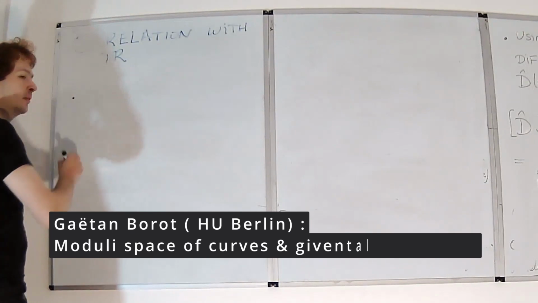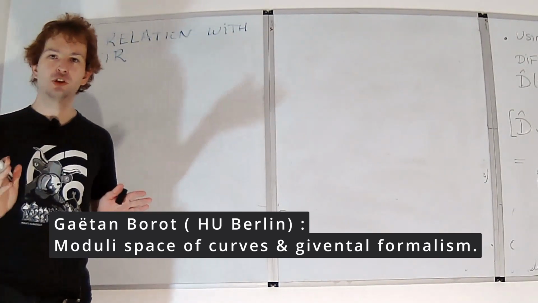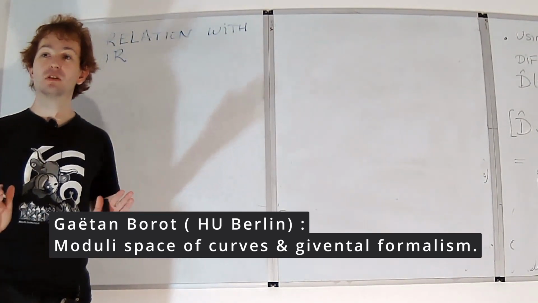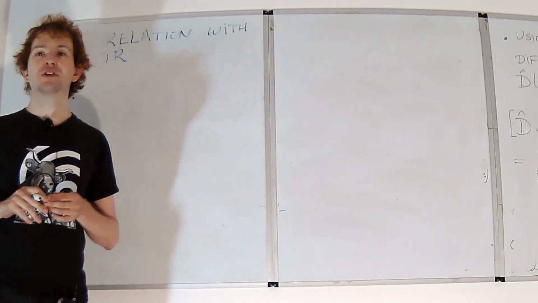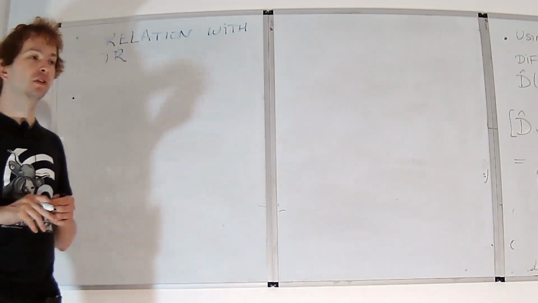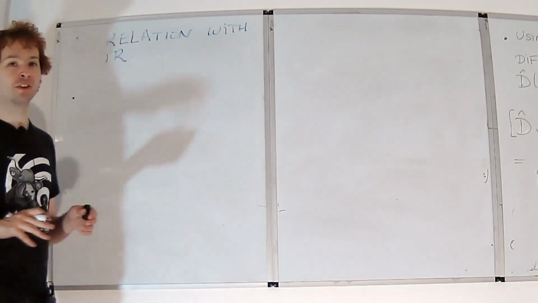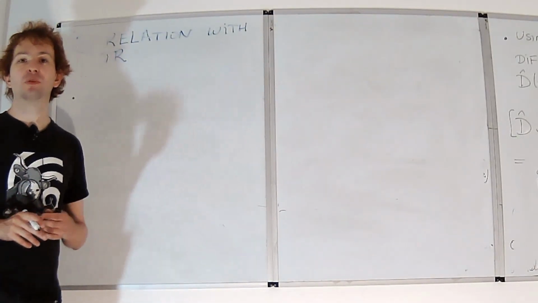To start with, I'm going to say what happens for a spectral curve with one ramification point. And then I will say a few words about how you generalize the formulas for several ramification points. But this is just more heavy to write, not really more complicated conceptually.